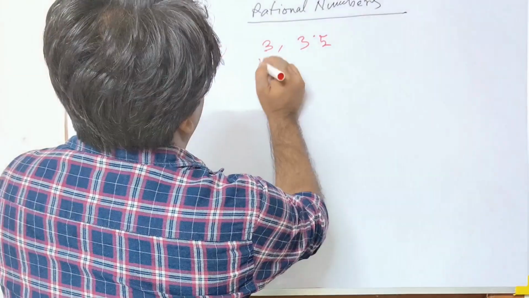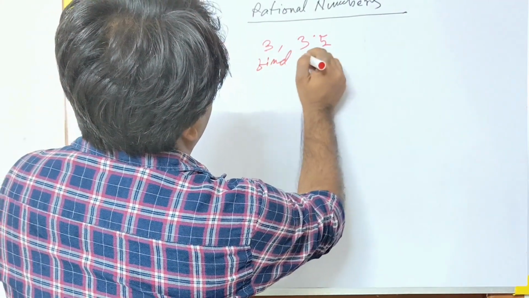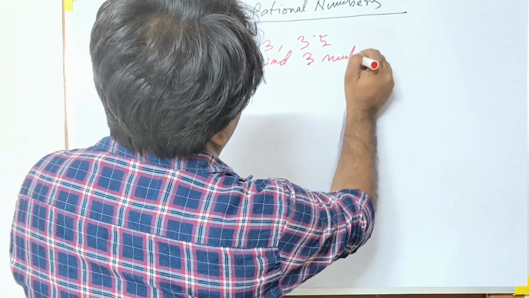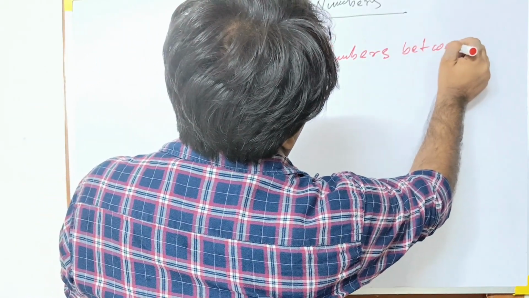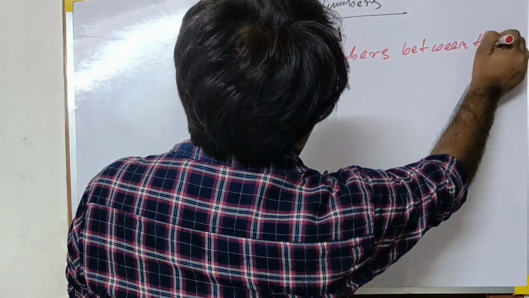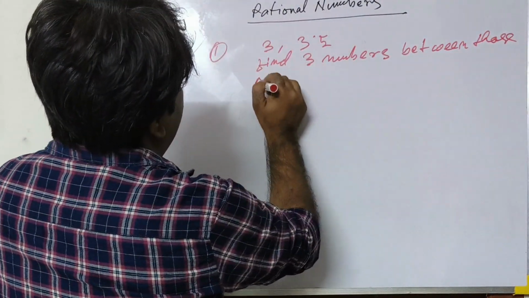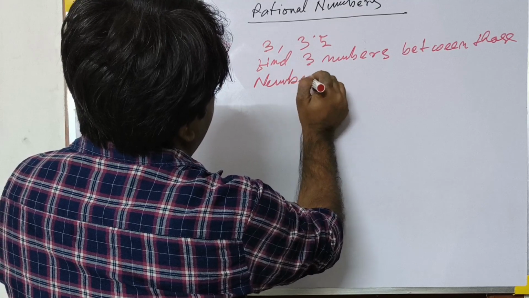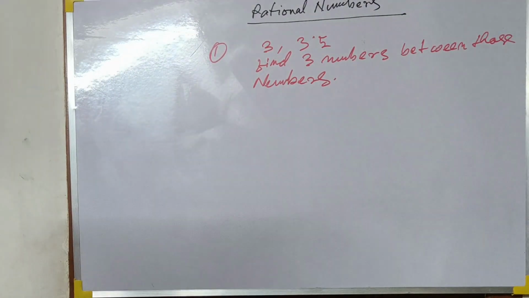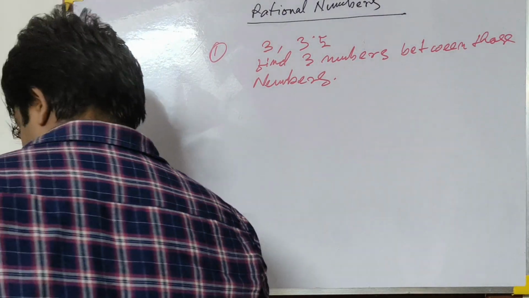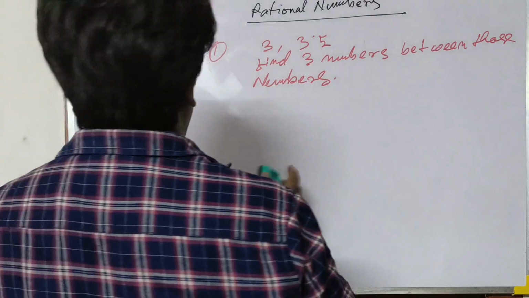So the problem is: find three numbers between those numbers. So what will we do?